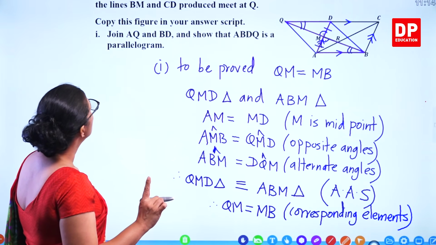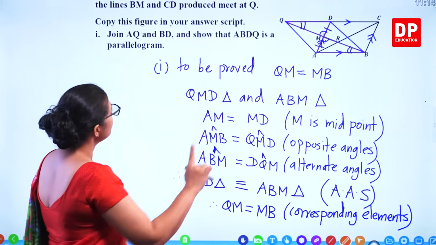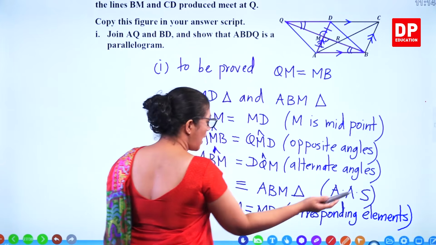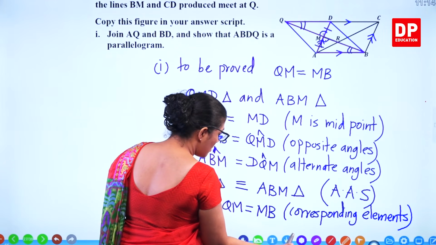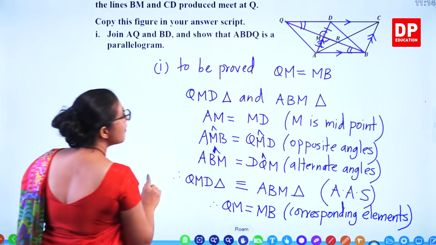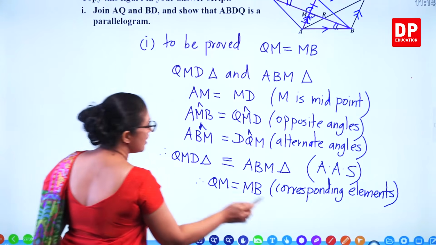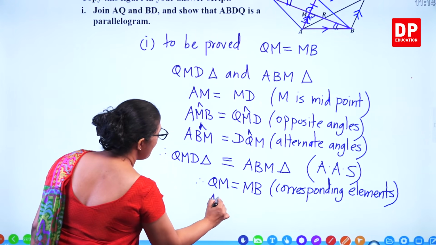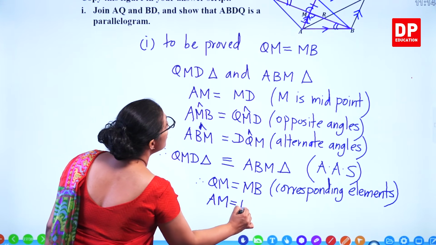So after that, you can say the diagonals bisect each other. So we can write down QM is equal to MB, AM is equal to MD.